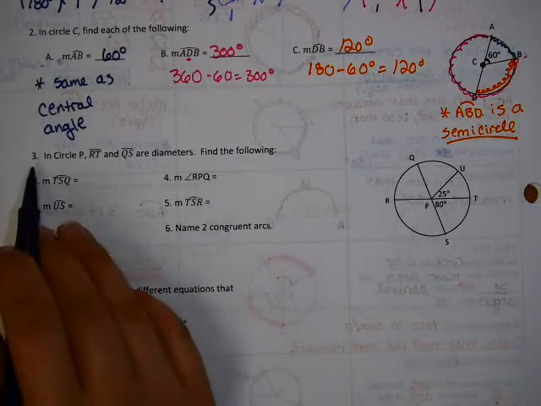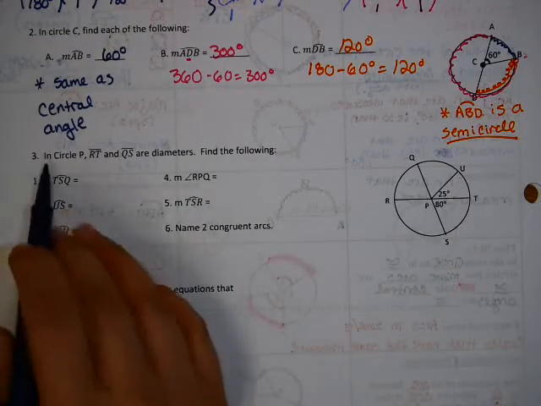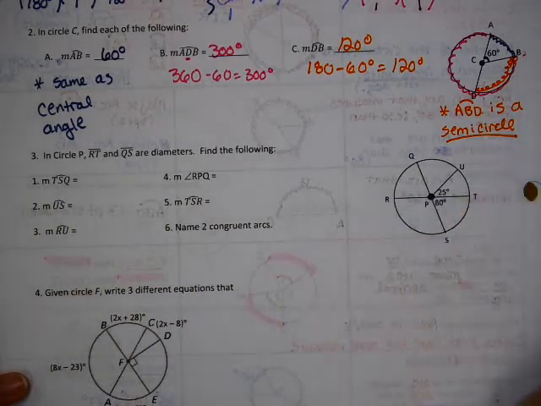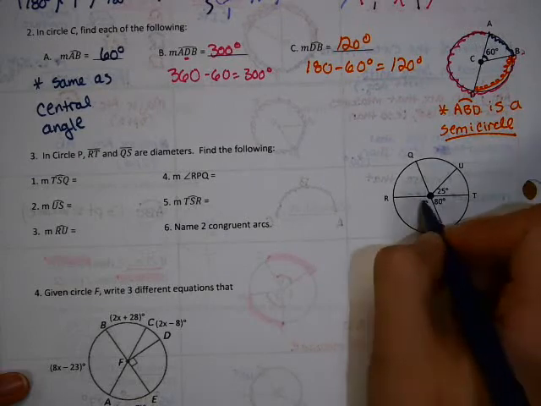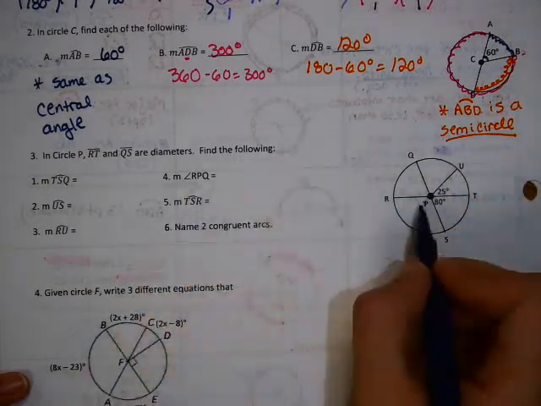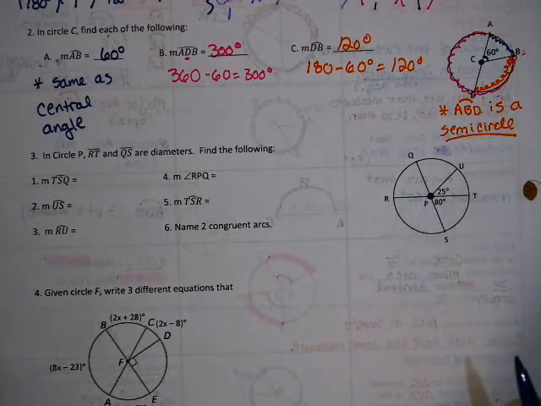All right, question 3, we have circle P, and it's really important that if we are using circle P, it's defined as the center. Just by saying circle P, that means P is the center.